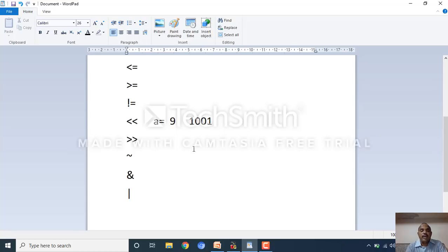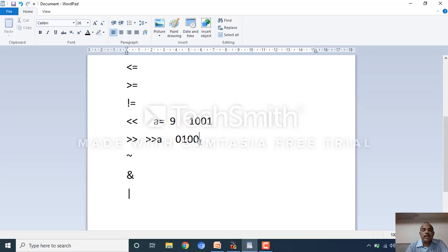Then I want to apply right shift of A. What is the A value? 1001. I want to apply right shift. One bit is moved from left to right, so it becomes 0100. The one is moved out, and the last place, the left, is automatically occupied by 0.